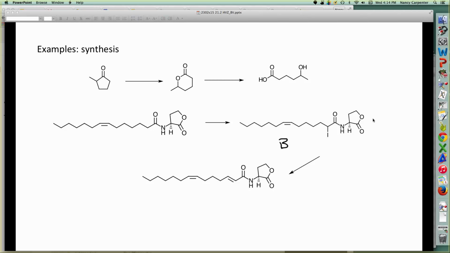So I don't know specifically what base they used, but a base they used, and they were able to put in that double bond. So these are chemistry reactions that are used every day in all manner of situations, from biochem to material science.